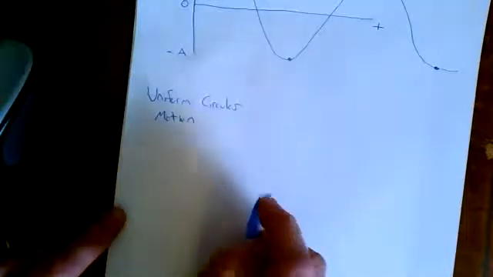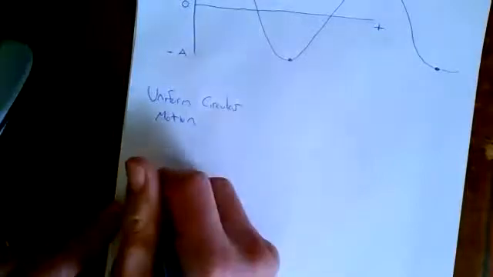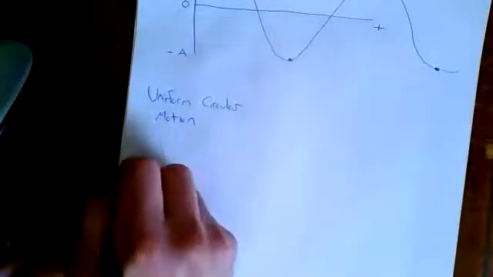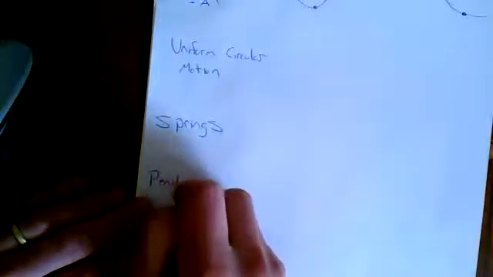As an object goes around a circle, it comes back to its original location. You have, of course, springs that spring back to their original location. And then you have the pendulum, which swings back to its original location.